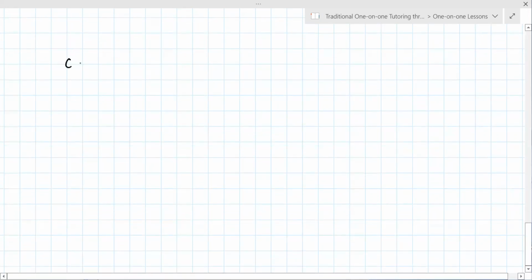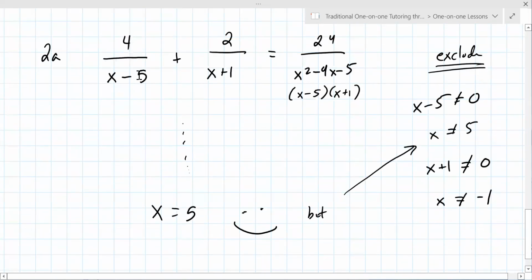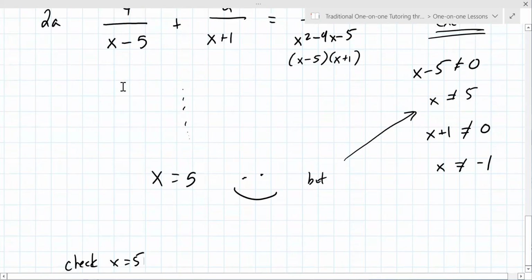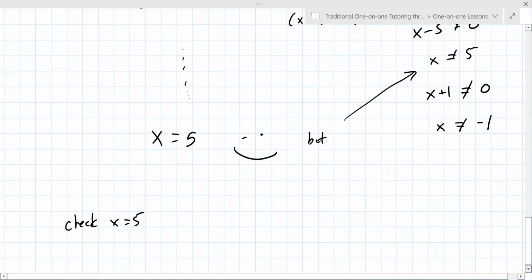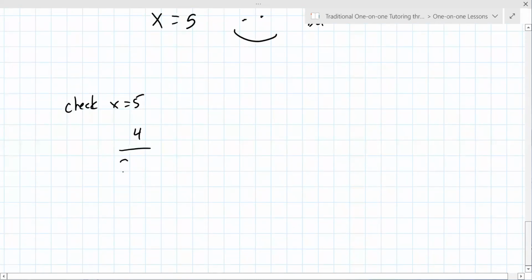You would say, okay, check x equals 5. So you would start substituting into this equation. You would say, okay, it's 4 over 5 minus 5. And you would say, cannot divide by 0.